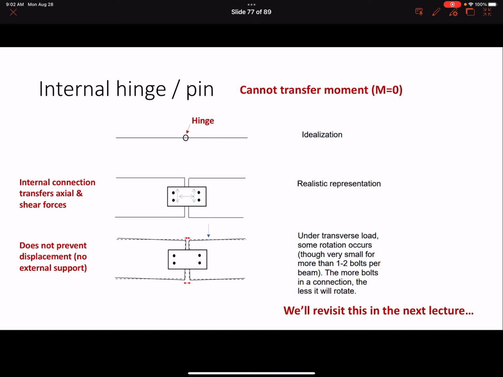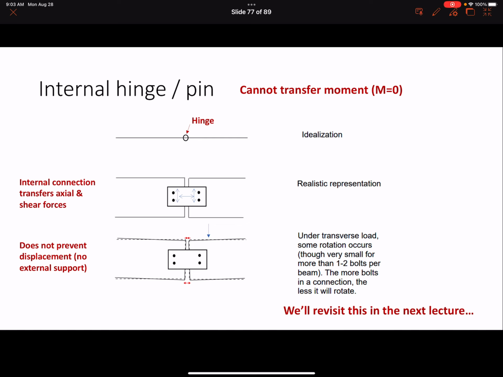So moment is equal to 0 at that hinge location, and that's the internal moment, right? It doesn't mean that you can't apply moments to the system. It just means that if you draw the moment diagram, it's always going to be 0 at the location where that internal hinge is present. So it can transfer axial and shear forces, right, not moment.